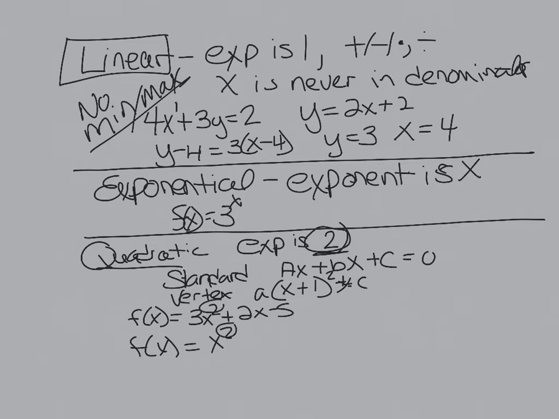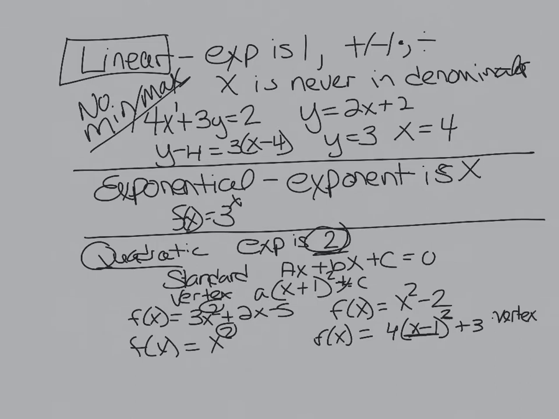So those are quadratic. You could have f of x equals x squared minus 2, or f of x equals 4 times (x minus 1) squared plus 3. You say, well, the x isn't squared. Well, it will be when you simplify. Okay? This square goes with everything in here, so you're going to have an x squared in it. So this is vertex form. And we'll be dealing with that in just a minute.